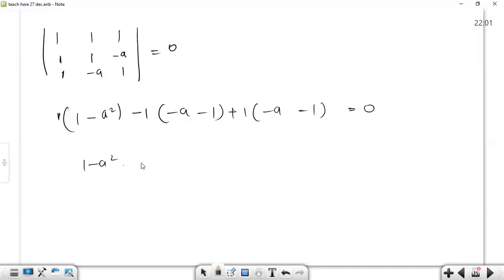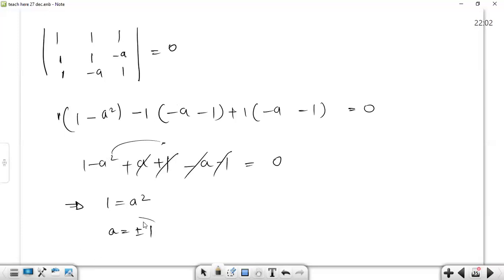So 1 minus a square minus a plus, sorry, plus minus minus makes it plus a, plus 1 minus a minus 1, there's no 0. So these four terms cancel each other. 1 minus a square is equal to 0, so 1 is equal to a square. Bring the a square onto the right hand side, so a becomes plus minus of 1. We had b as minus of 1, c also had minus of 1.